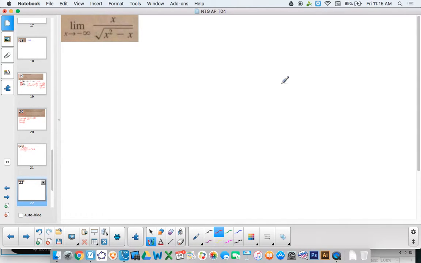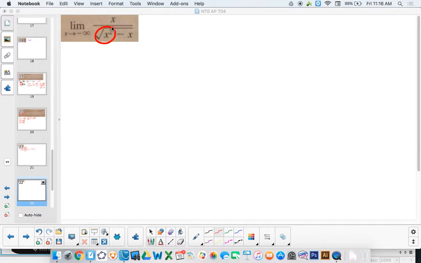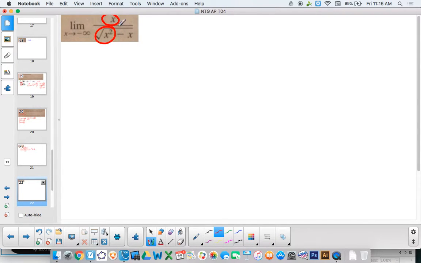Now, if we go to negative infinity, it's slightly different. Again, we'll look at the powers. This is a power of 1 because it's the square root of x squared. This is a power of 1. But is this value going to negative infinity? Because you're squaring it, that value is not actually going to negative infinity.